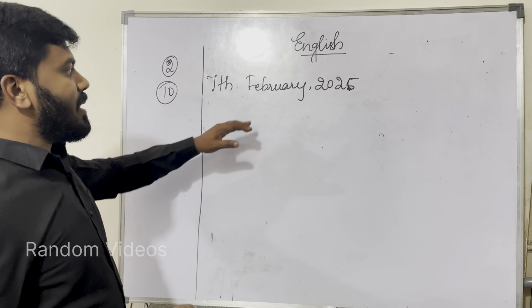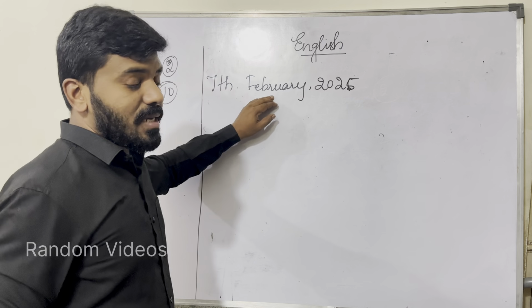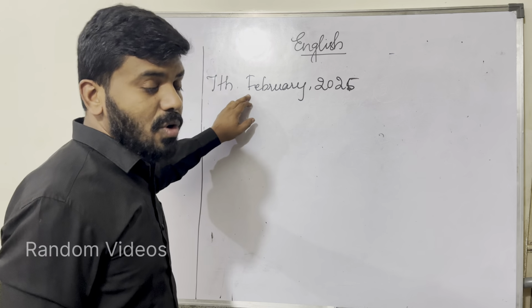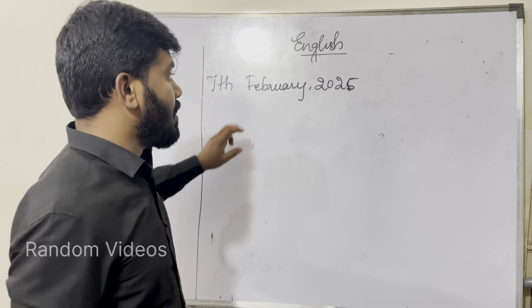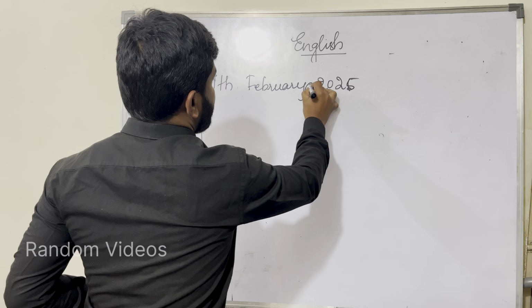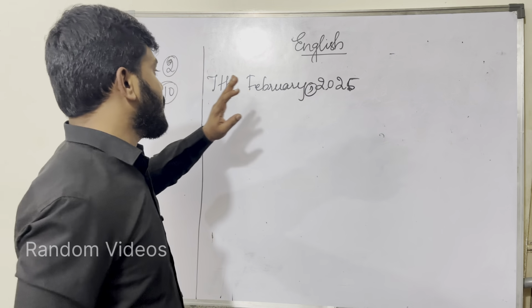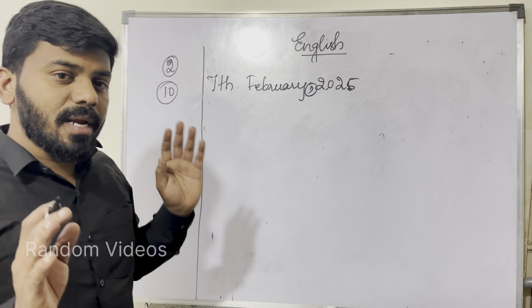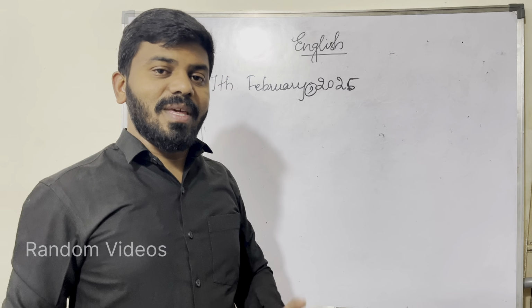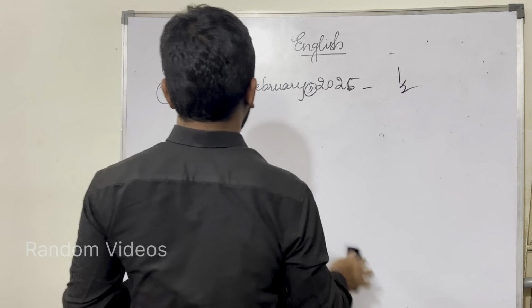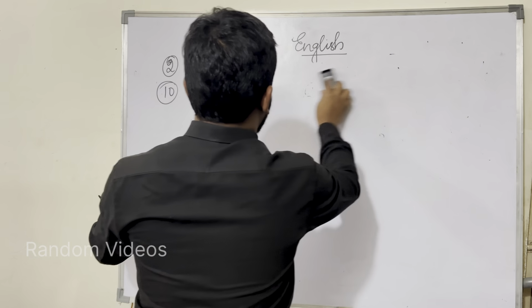Once again a reminder, do not make a spelling error in the month, or do not use small letter. This comma is compulsory after the month, and year must be the same. Date, I advise you to write the date of the examination. So this carries half a mark. So out of 2.5, we have covered 1 mark.